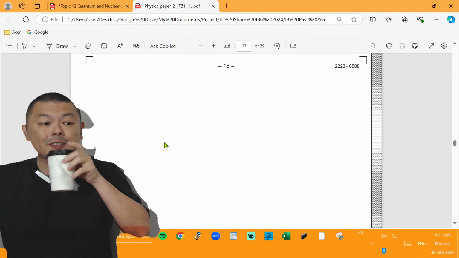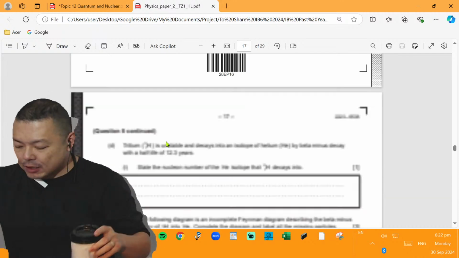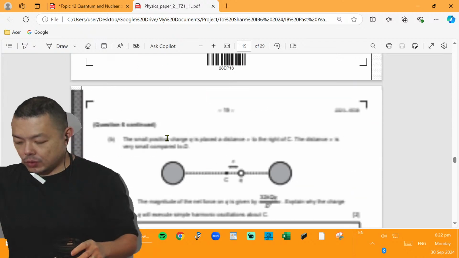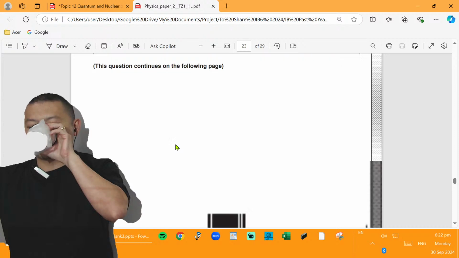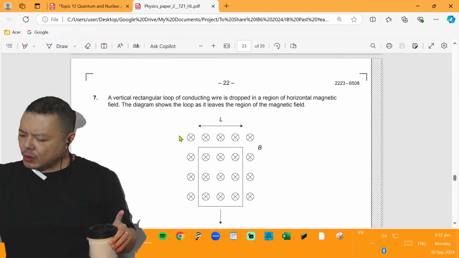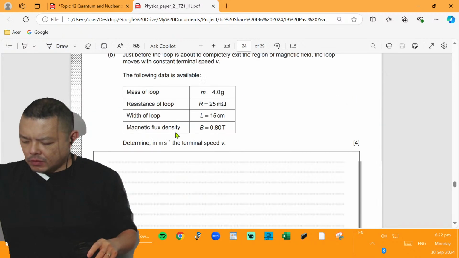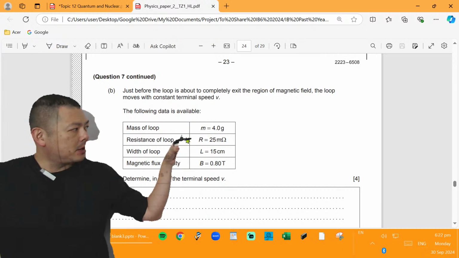8A2. 8A2. 7? No need, right? 7 okay, this one, terminal speed, this one you all know how to do. Okay.